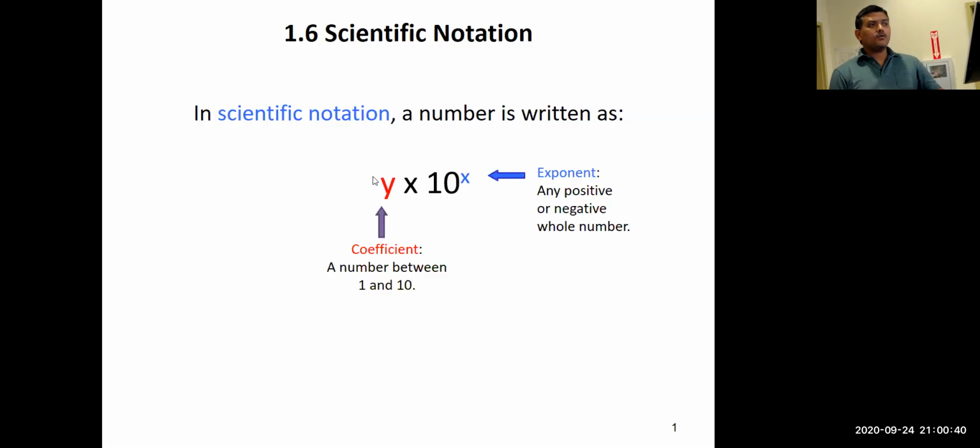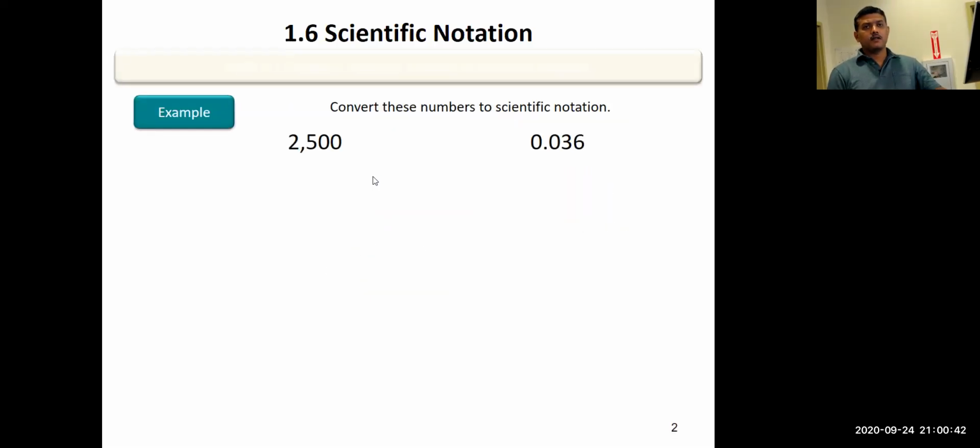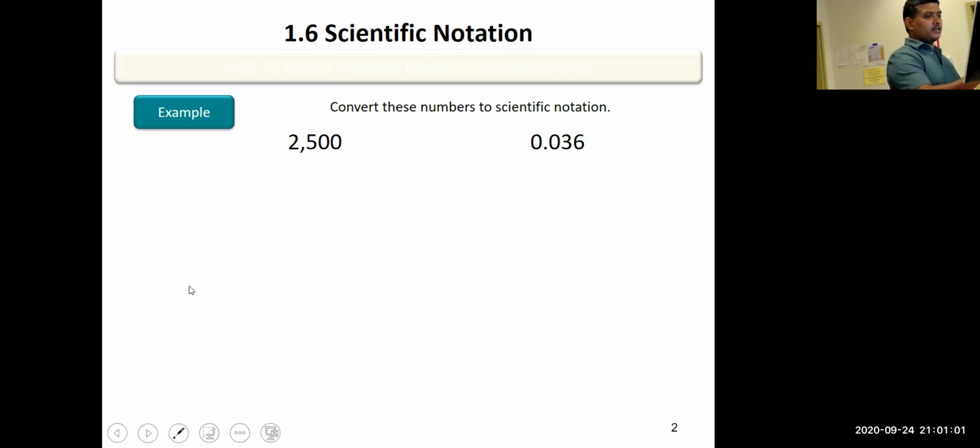So let's see how to write scientific notation. If you have a larger or smaller number, you need to find a number between 1 and 10. So for 2500, the number that you can find between 1 and 10 is somewhere between 2 and 5.